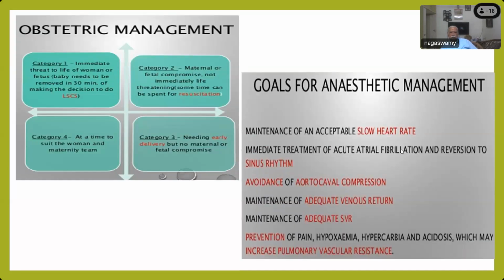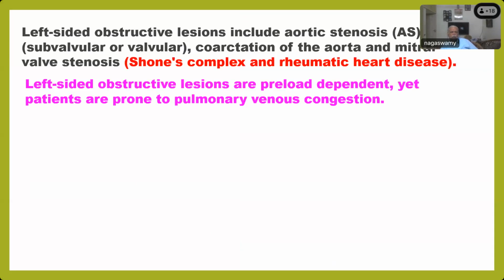So here are the goals in management of the obstetric patient also: slow heart rate, sinus rhythm, avoidance of aortocaval compression, adequate venous return, adequate SVR, and prevention of pain, hypoxia, hypercarbia, and acidosis, which all will increase the pulmonary vascular resistance and produce problems.